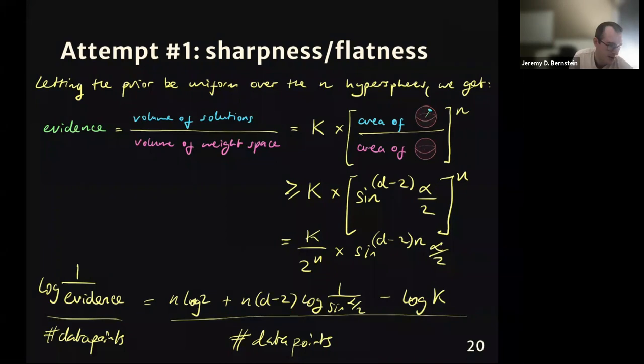The problem is that we don't really know what k is. But another interpretation of this is that a generalization theory which just relies on sharpness and flatness of a single solution, and neglects this term, will lead to a generalization bound that scales with the parameter count, which is not great for neural networks.